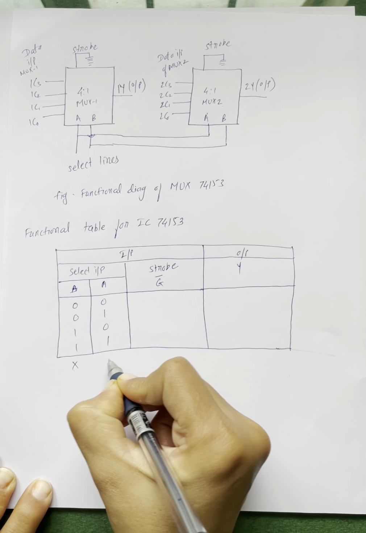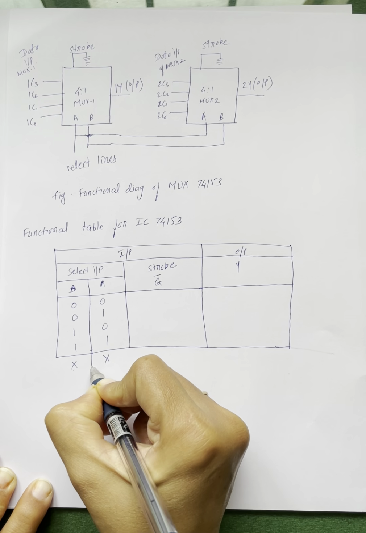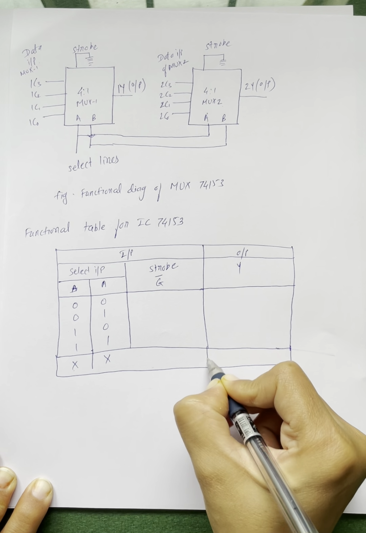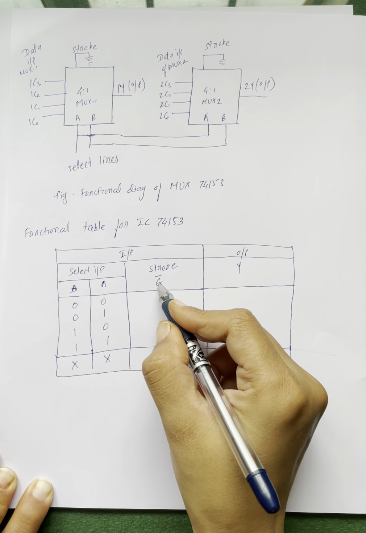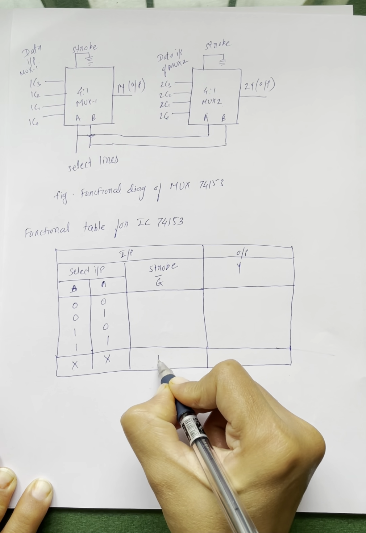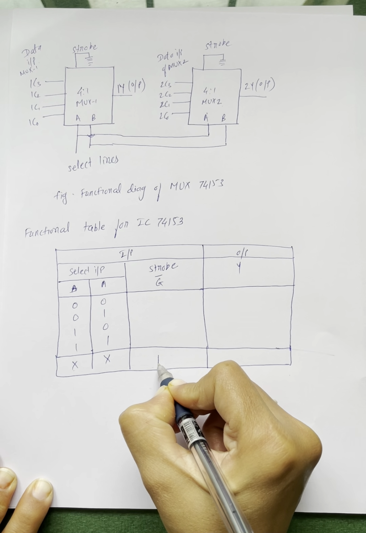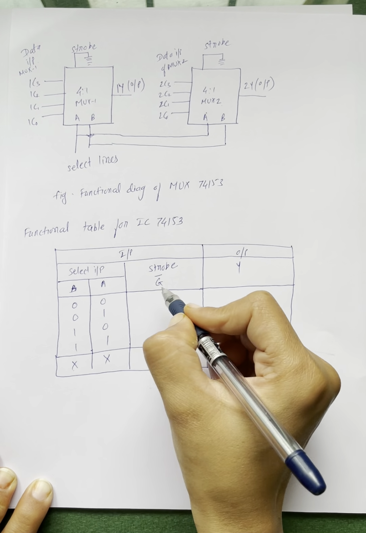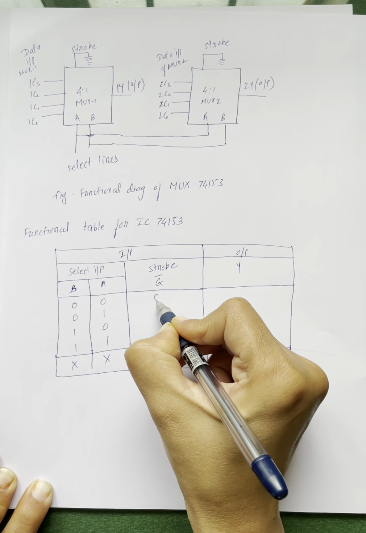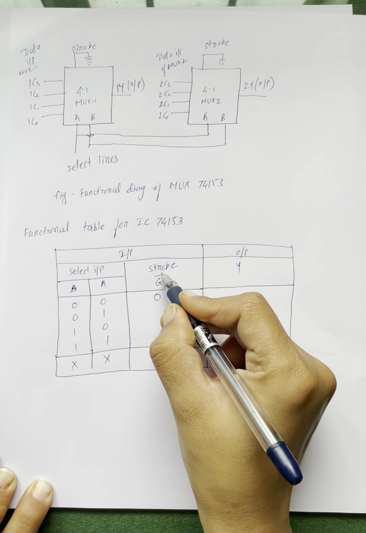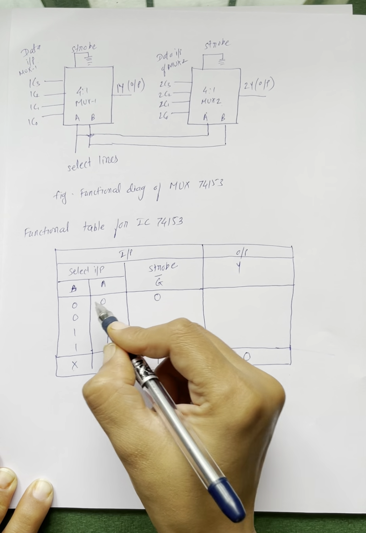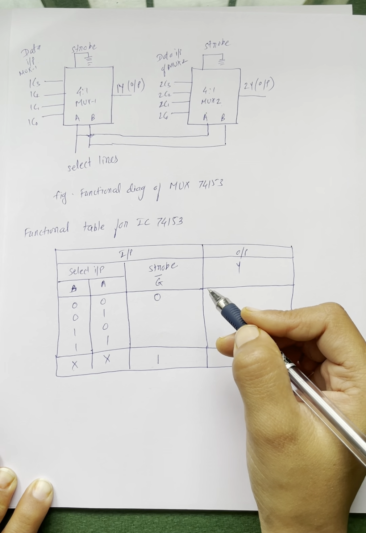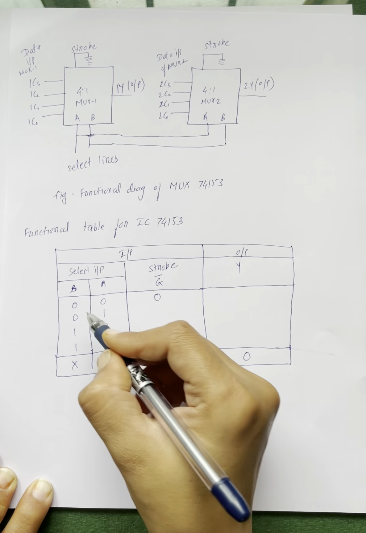I'll write this condition here: whatever the input, if the value of G is 1, your output will always be 0. But when your G is active low, that means strobe is active low, then these input lines will work and your output will be generated as per the select lines.